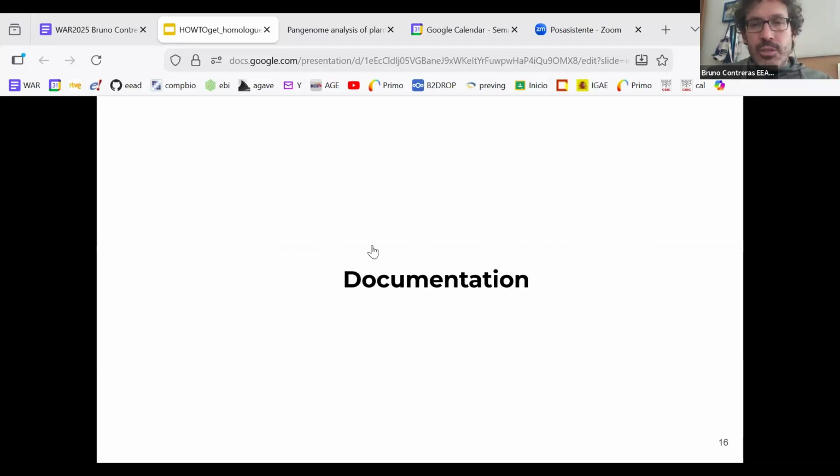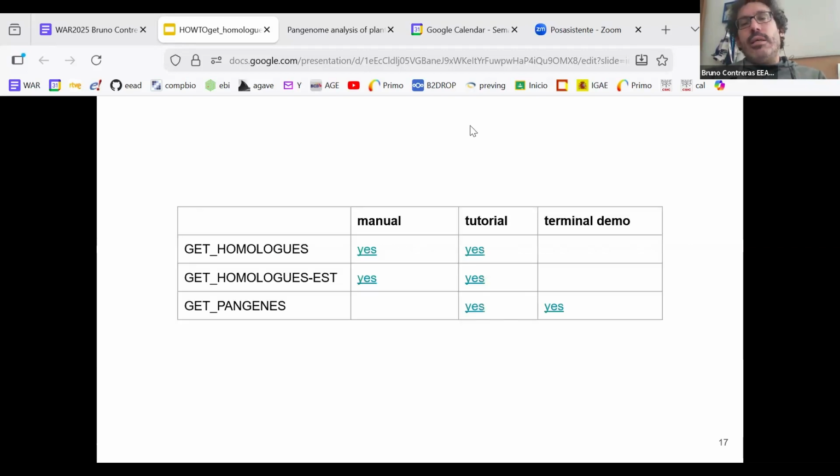So where is the documentation for the software? In this table, you have links to the manuals, the tutorials, and even to a terminal demo that we created a few months ago for pangenes in particular. So there is a lot of documentation backing up this software.